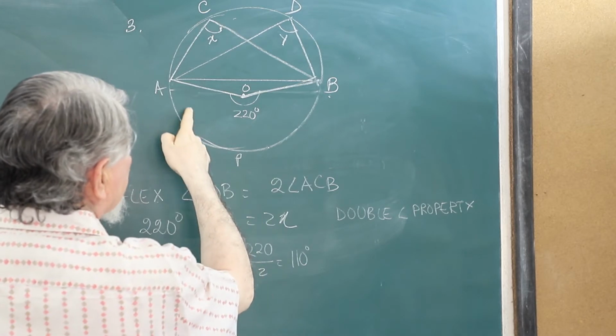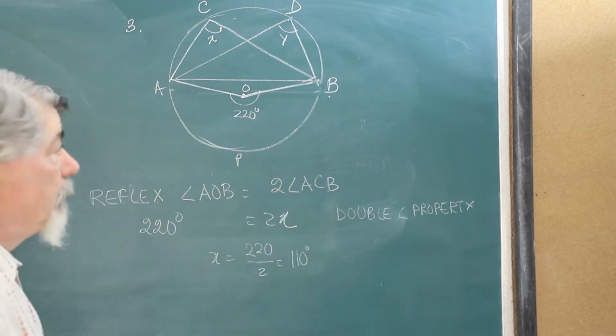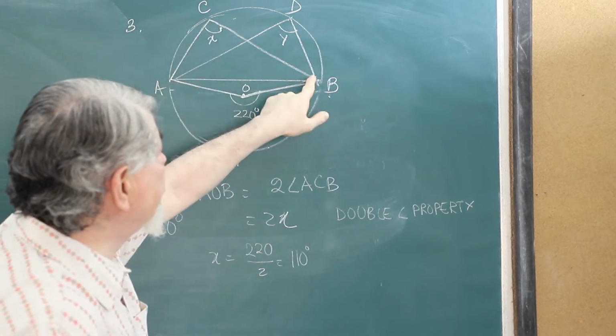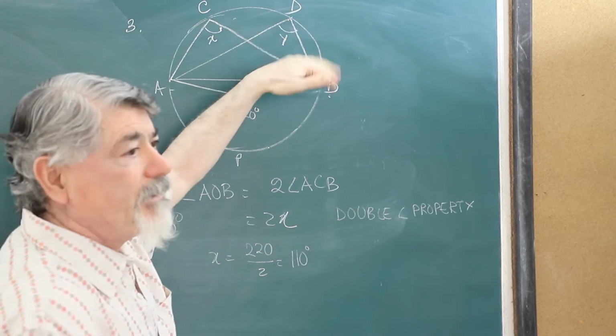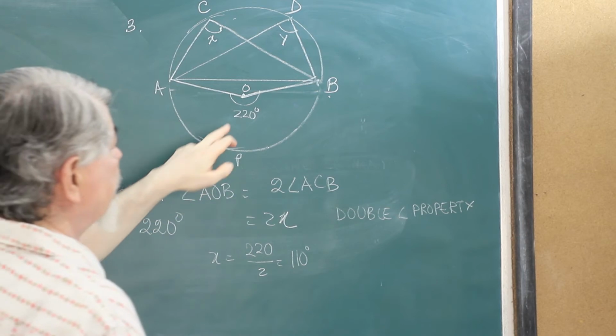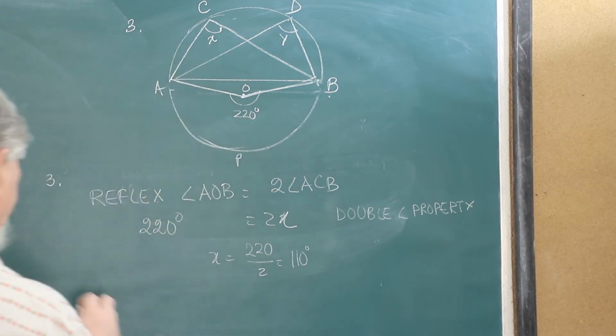This major arc is subtending the reflex angle AOB at the center, and subtending angle ACB and angle ADB at the remaining part of the circumference. So the relation is that the angle at the center is double the angle at the circumference.